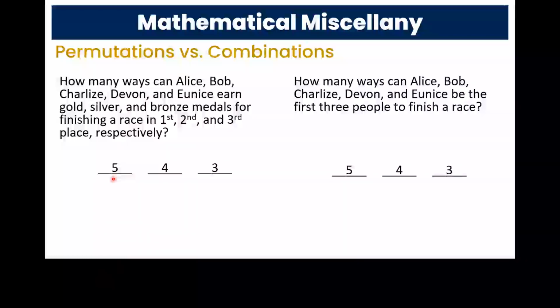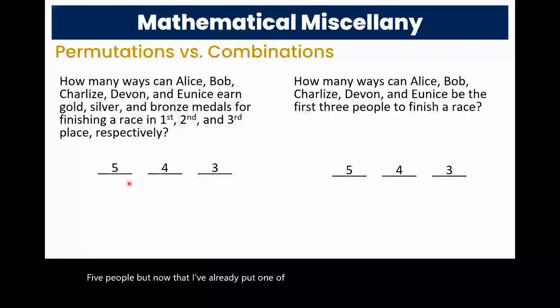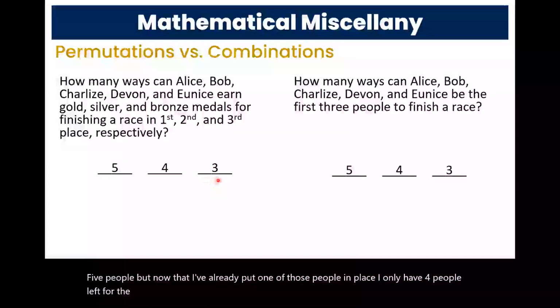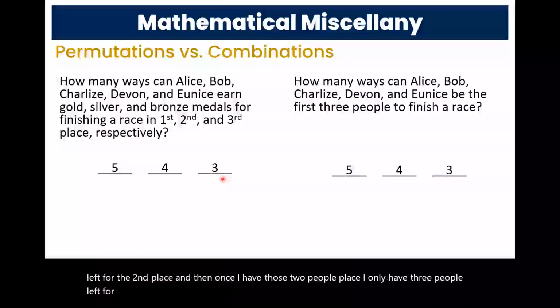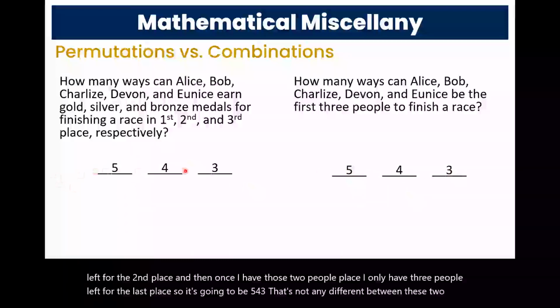Five people. But now that I've already put one of those people in place, I only have 4 people left for the second place. And then once I have those 2 people placed, I only have 3 people left for the last place. So it's going to be 5, 4, 3. That's not any different between these 2 setups. It's the same on both sides.